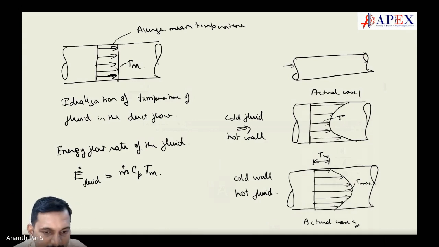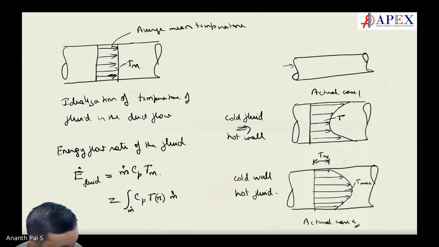So m dot Cp into Tm is actually equal to integration along the whole mass flow rate of m dot into Cp into T of r, which is equal to integration along the area of cross section, each mass flow rate.